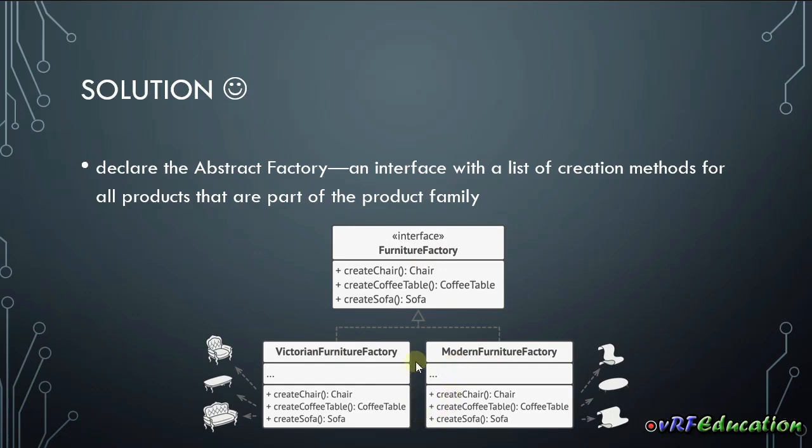All these factories provide three different methods for us to use to create different concrete products. And then we are ensured that when we use this abstract factory pattern in our code, we always create the same model for each product.